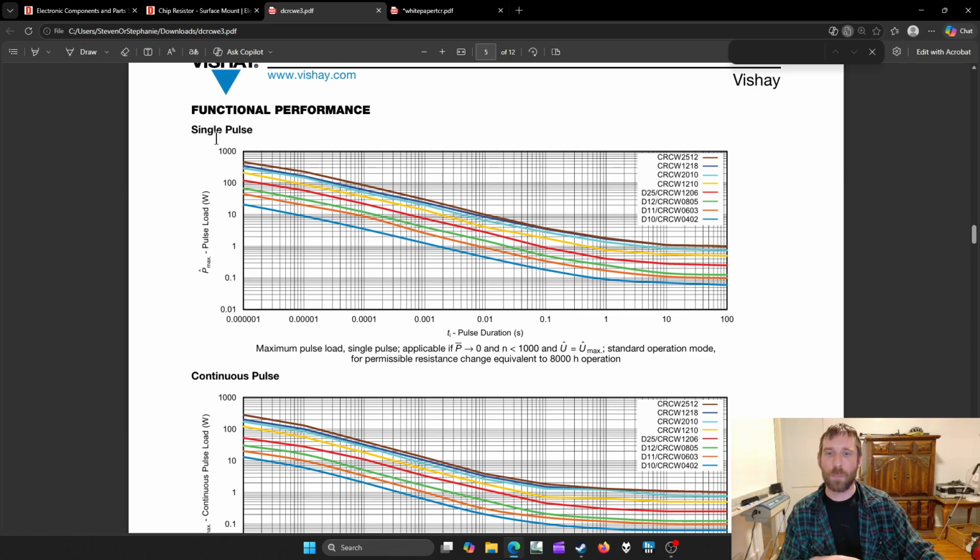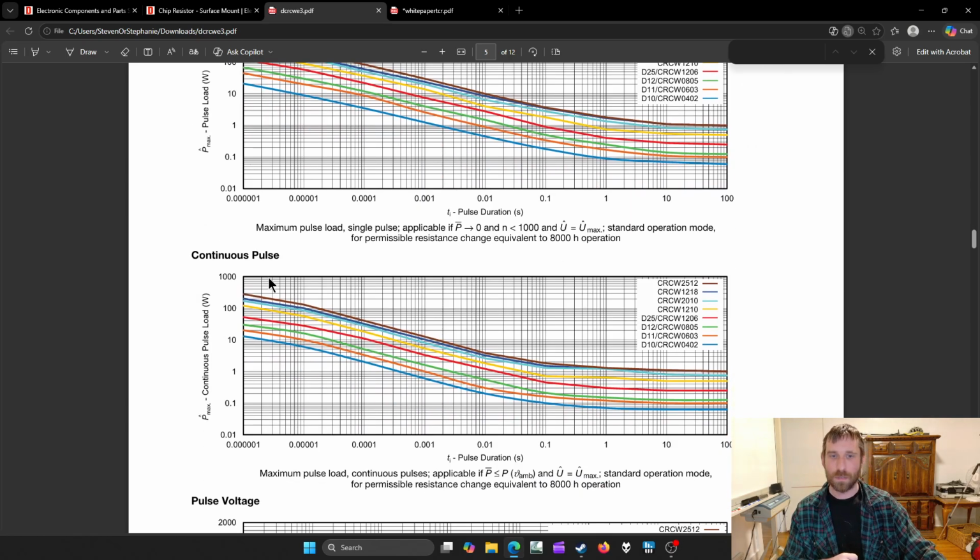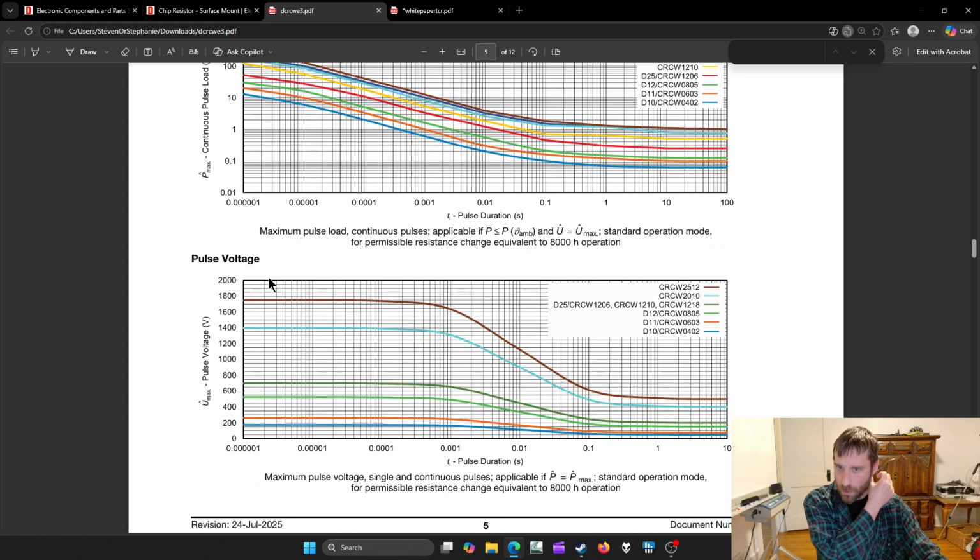So single pulse, continuous pulse, and then pulse load measured in watts. Like this 2512, 1 watt at nominal. But if your pulse is short enough, you can go much, much higher. Same thing with continuous pulse.